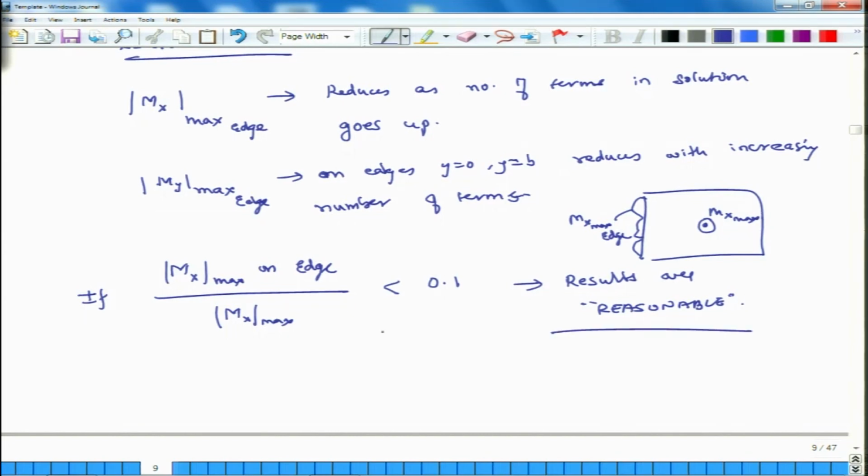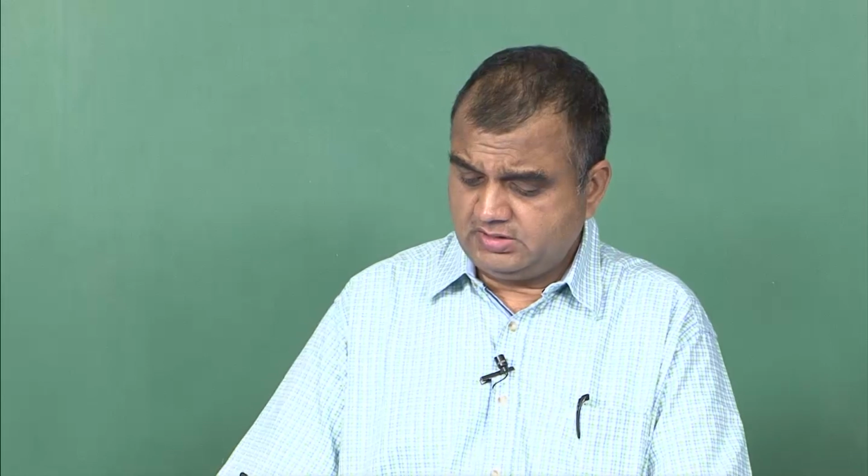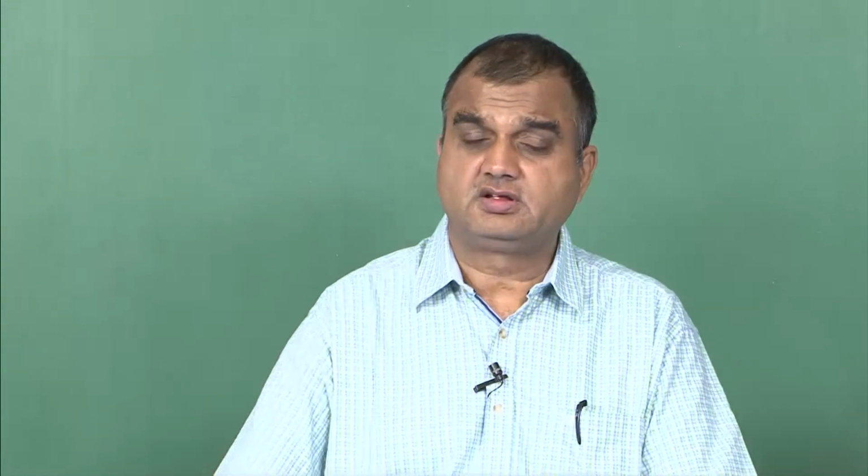So this problem appears in analytical formulations like we did using the spectral Galerkin method, or even if we try to do the same thing in finite element analysis, we again come across this edge effect, and it comes in again and again. Okay.